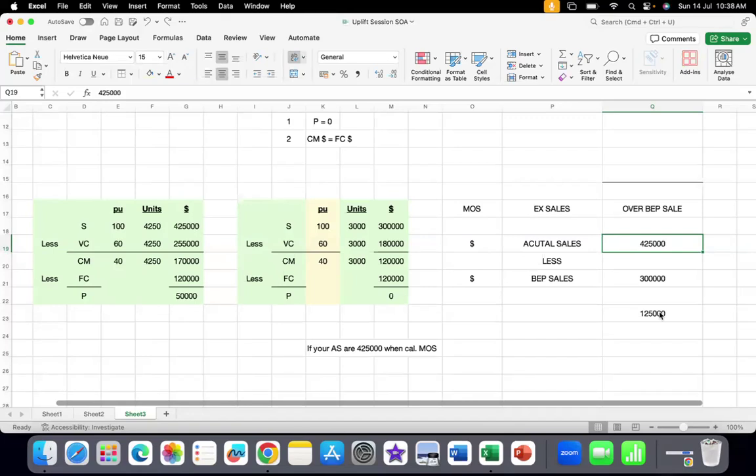Your comment should be that the company which is not at the break-even point should concentrate first on getting to the break-even point, and then they can think of having MOS or margin of safety sales with them. So just take it step by step. First step is get to break-even, then move on to the margin of safety.